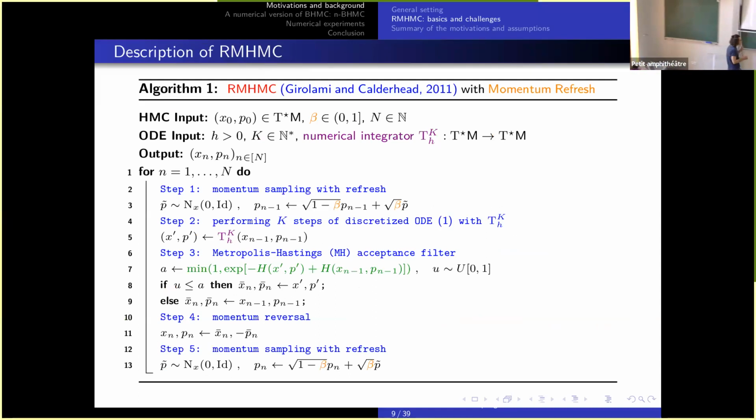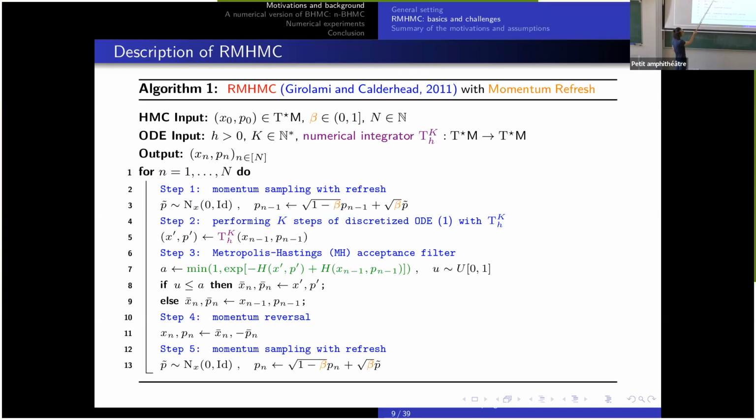So now, for a given metric, I will not specify this metric. Here, the Riemann HMC, which has been suggested by Girolami and Calderhead, means that you successively use a splitting algorithm which tries to solve the Hamiltonian dynamics with K steps, and you correct your proposal with the usual Metropolis ratio. And here you can really see that it's basically the HMC algorithm.